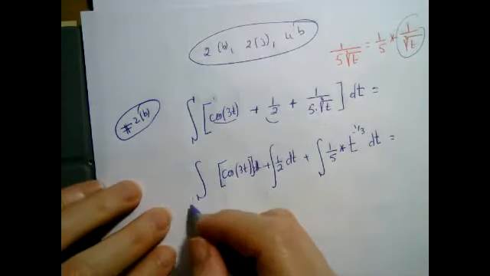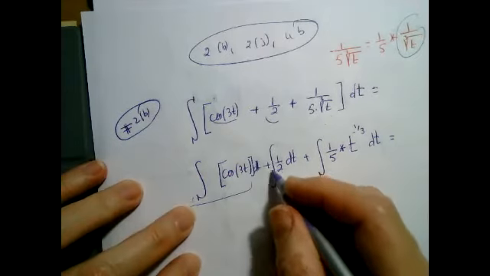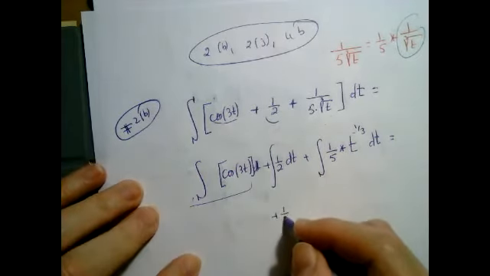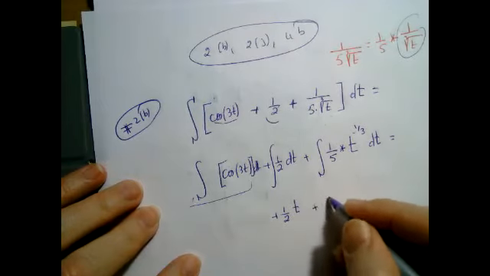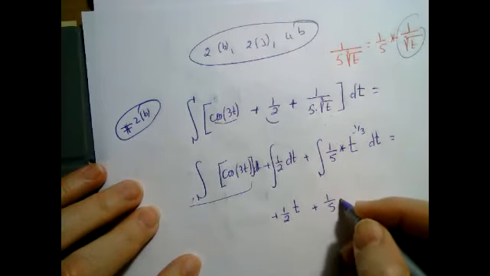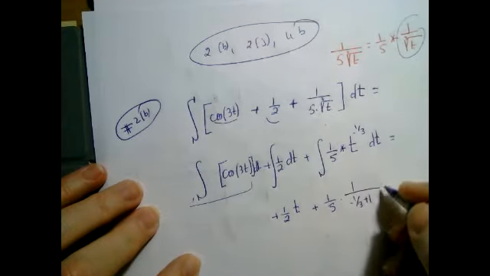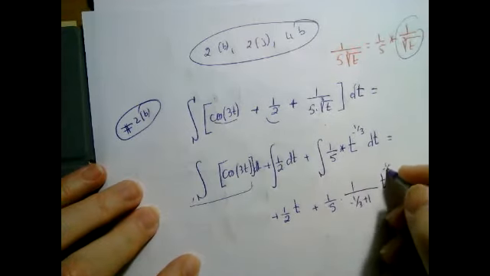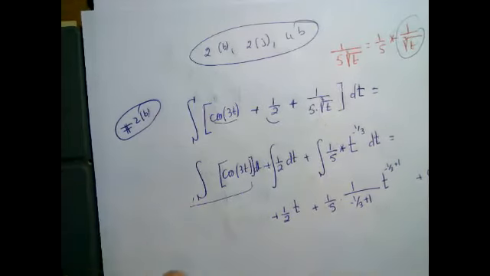And this I have a little bit to work with, so I'll leave it for a second. The antiderivative of 1/2 is a half times t, and that's a fifth, 1 over minus a third plus 1, t to the minus a third plus 1, plus my constant c.